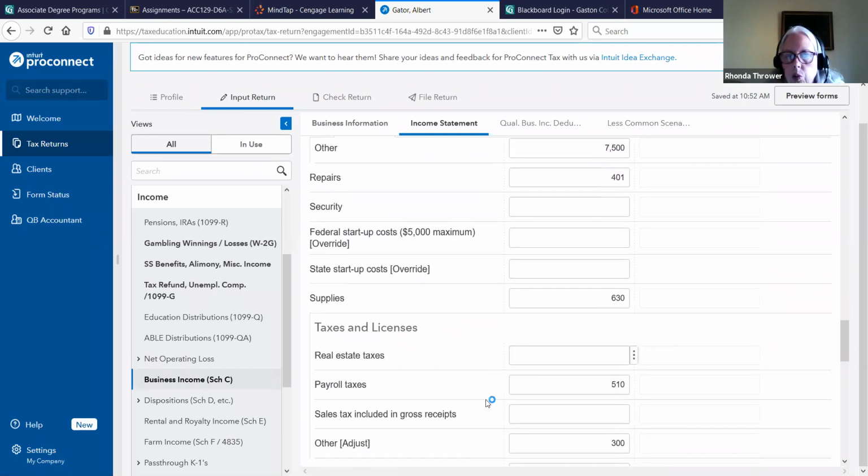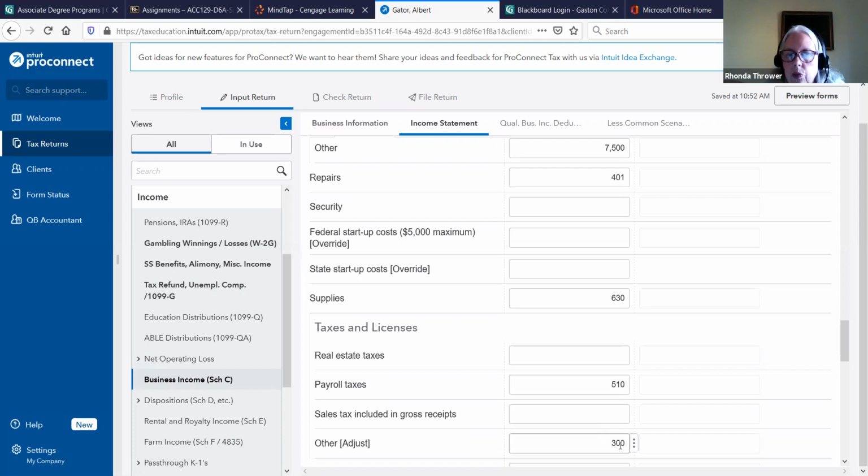And it would go right here under taxes and license. So your tax portion was payroll taxes at 510. It goes under taxes and license on Schedule C because it's a payroll tax.